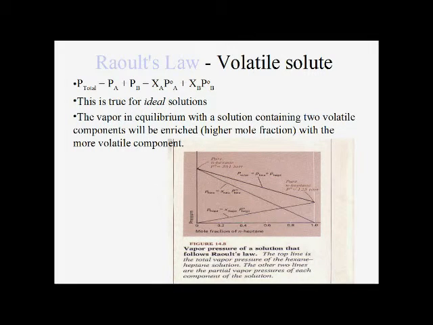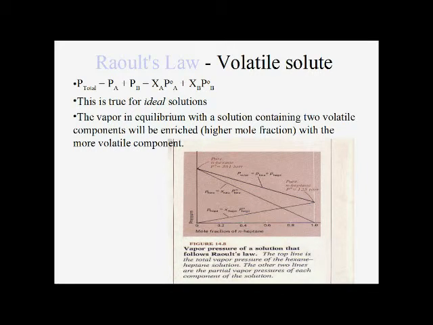So Raoult's law for a single volatile component, we're going to add that up for both components. So we're going to add up Raoult's prediction for each of the volatile components in the mixture. So the total pressure will be the solvent plus the solute, mole fraction times the pure vapor pressure for both of them.